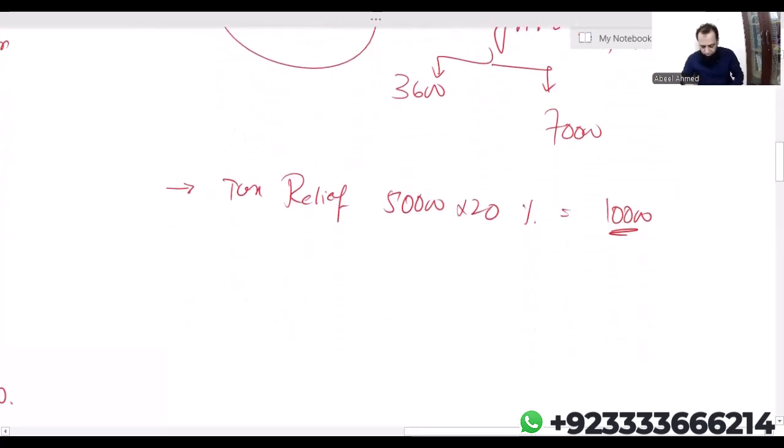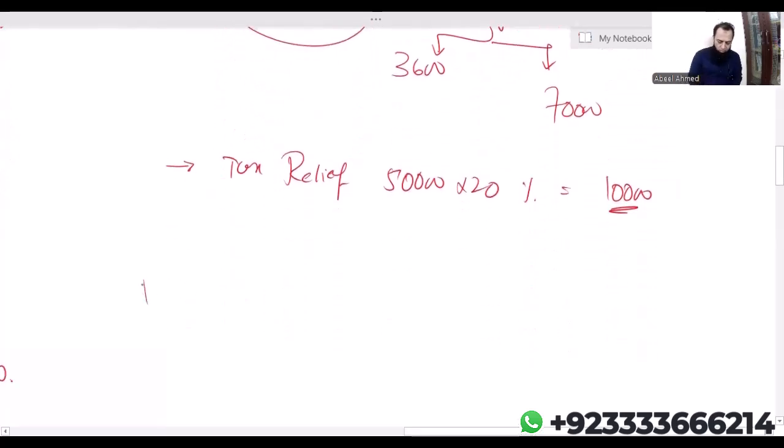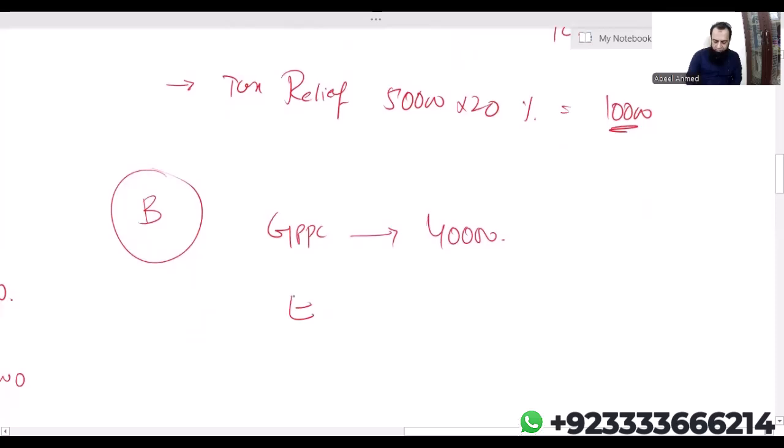Let's see one more example so that I can bring more clarity. Assuming the gross PPC is £40,000 and we have employment income of 30,000.